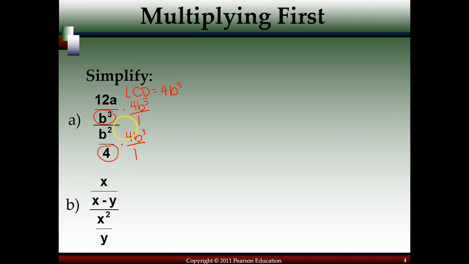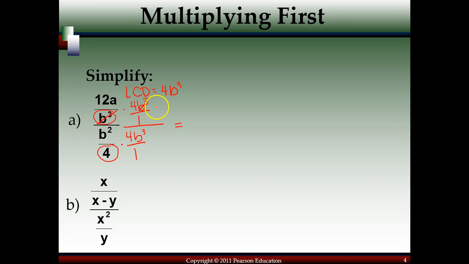I'm going to separate it out with the division symbol. Now we multiply numerator to numerator and denominator to denominator. When we do that, we have some cancellations, and that's what we want. We want our denominators to cancel out in each fraction.